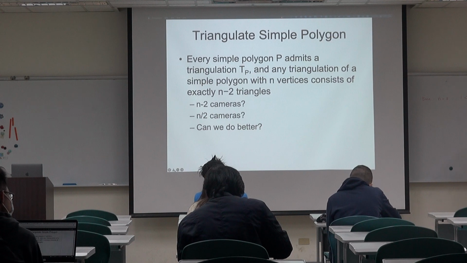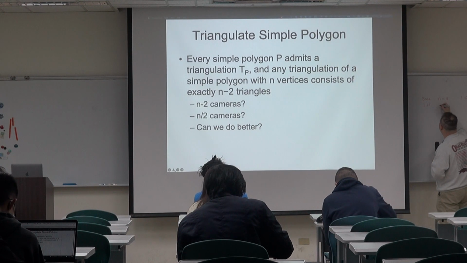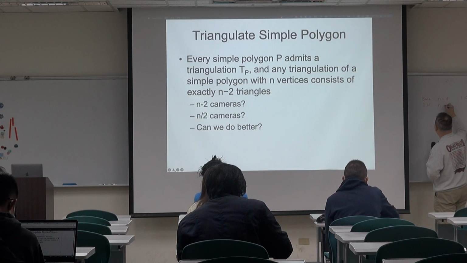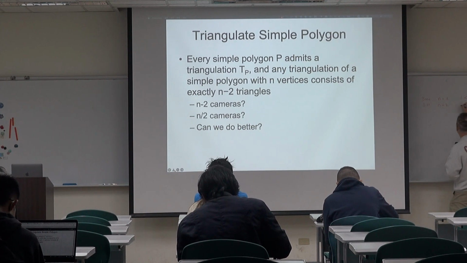Okay, so the induction hypothesis: for n smaller than k, we have n minus 2 triangles.